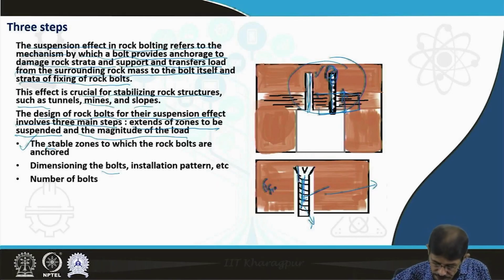One is the wall of the tube, another is the grout material. The contact between this wall and the grout surface, and the grout surface and the bolt, these junctions make this structure competent to hold for a longer time.